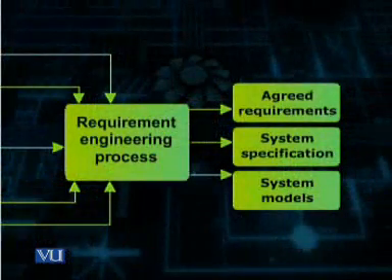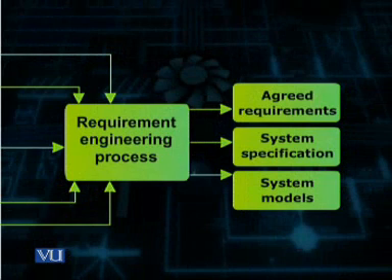Let's consider now the outputs that are produced by the requirements engineering process. The first and the most important output is the agreed set of requirements. The agreed set of requirements describe the system so that the stakeholders can understand these.